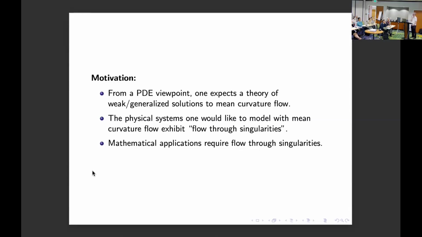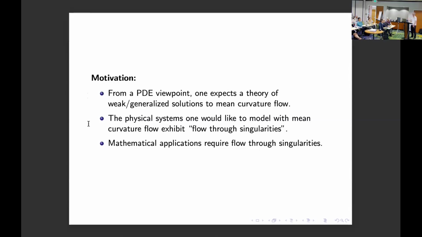So first, from a PDE viewpoint, it's natural to expect some sort of theory of weak solutions or generalized solutions, just as you have the notion of stationary varifolds or stationary integral currents in the case of minimal surfaces, there are weak notions of harmonic maps or harmonic map heat flows or Navier-Stokes, et cetera, right? So this is a completely standard agenda.